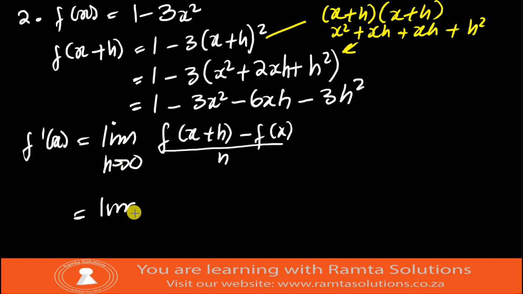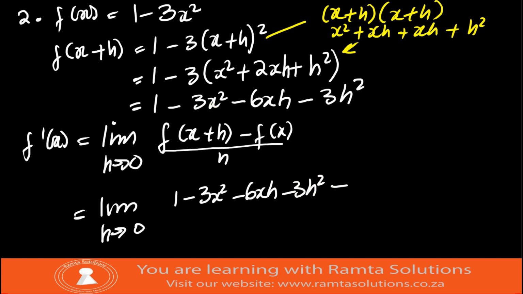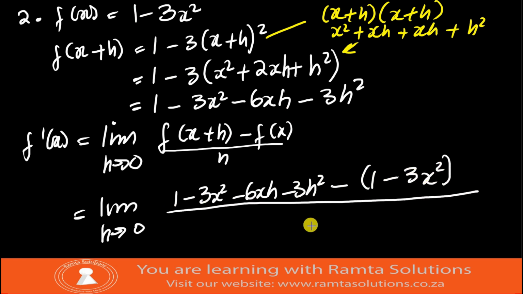Again, the limit as h tends to 0 of, what is f of x plus h? We found it to be 1 minus 3x squared minus 6xh minus 3h squared, minus, what is f of x? It is 1 minus 3x squared, all over h. Now, I know there are those who prefer to cancel immediately, but let me not do that. I will take this step by step, okay?